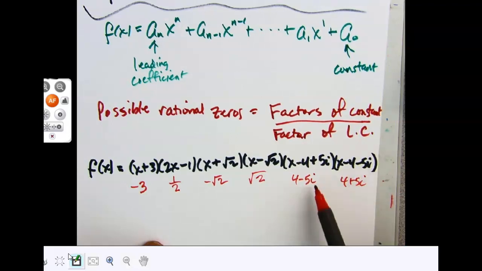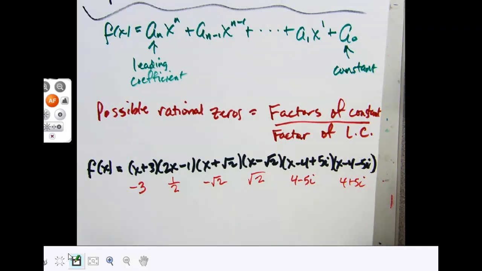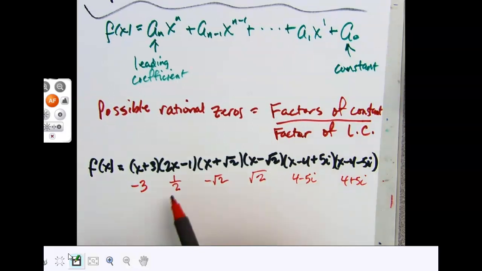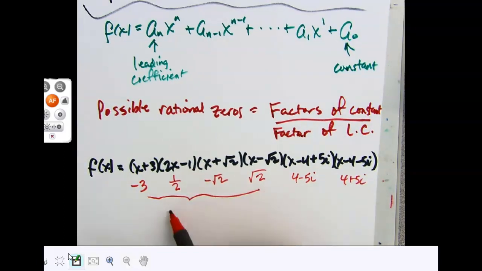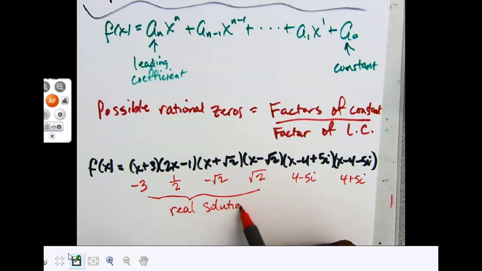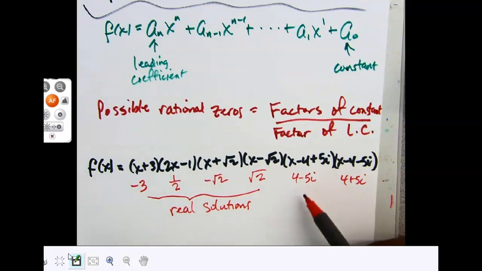Those are all values that you can plug in here for x that's going to make that particular factor equal to 0. And then with our zero product property, 0 times anything is 0. Well, these 4 are real solutions. And these 2 are complex imaginary solutions.